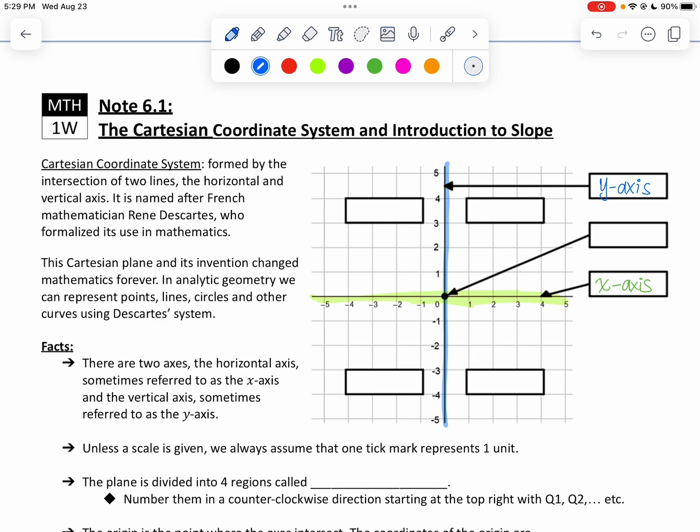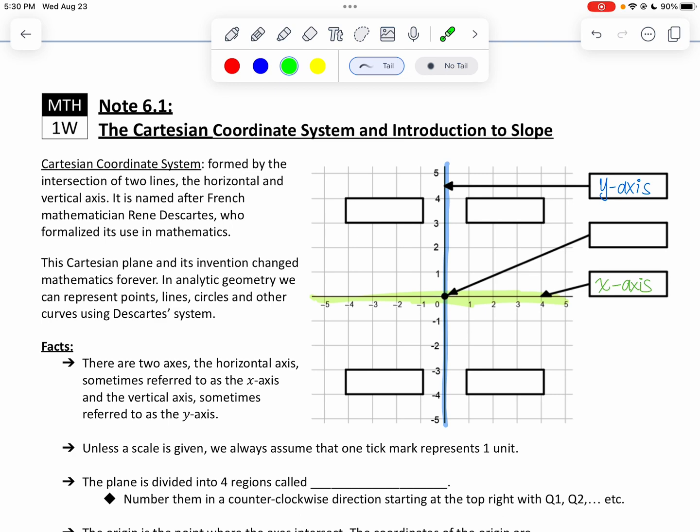Unless a scale is given, we always assume that one tick mark represents one unit. So in other words, what that's saying is if this is 0, this line here is 1, followed by 2, 3, 4, 5, and the same is true for the y-axis.